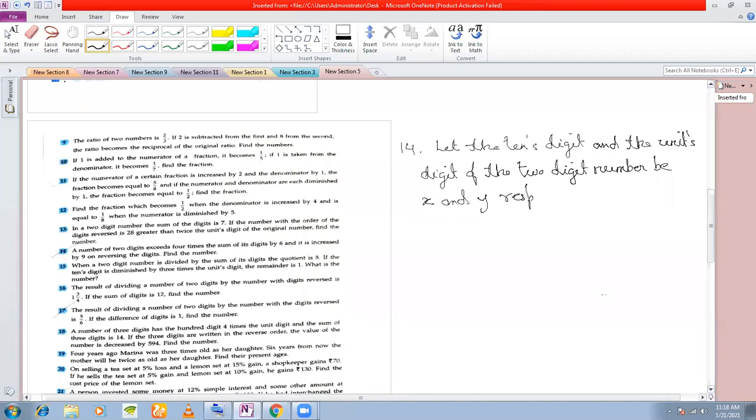Therefore, what is the usual representation of the original number? Is xy, right? What is the generalized representation of this number?